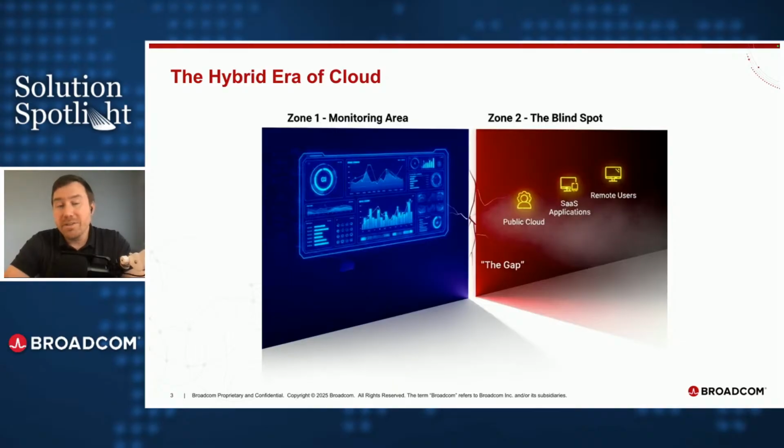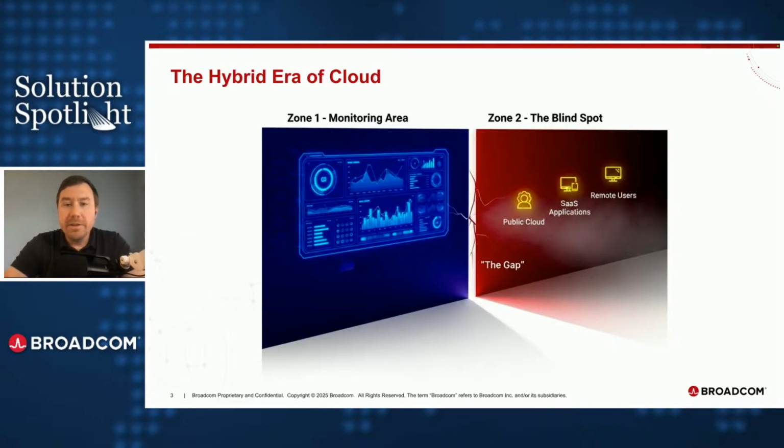And then once your traffic actually transits out over the wide area network, you're not going to have any visibility. And the last piece here, remote users or branch offices, you're often going over an ISP connection, even if it's an underlay for an SD-WAN type setup. You're not going to be able to look at that middle mile between the applications and the office where that user is sitting, whether it's a home or a corporate office.